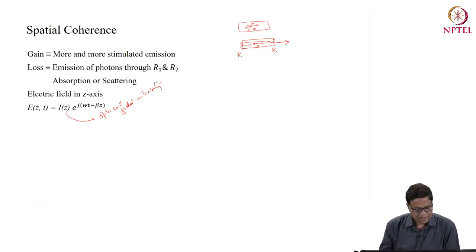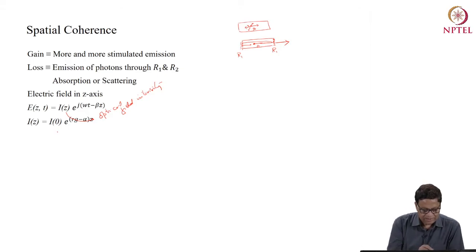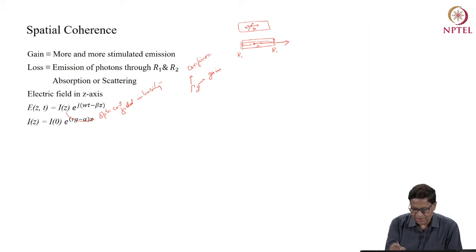If the electric field is in the z-axis, and this I(z) is given by e raised to power (tau g minus alpha) z, where tau g is the gain, and tau is the confinement factor, how the light is confined.